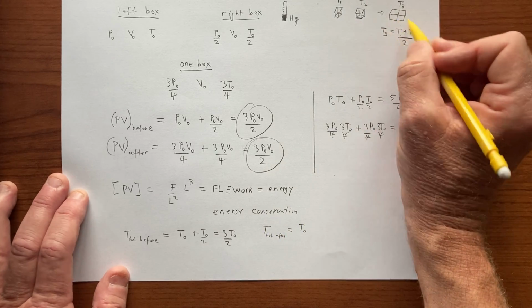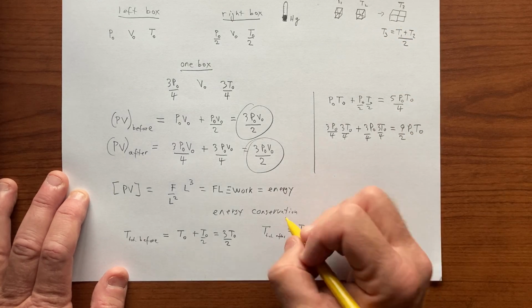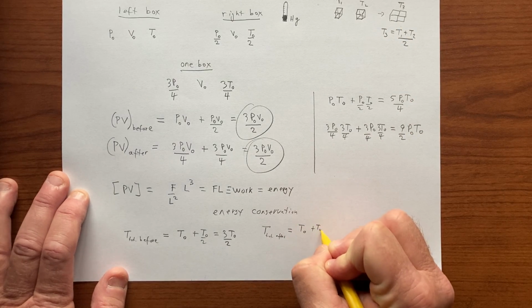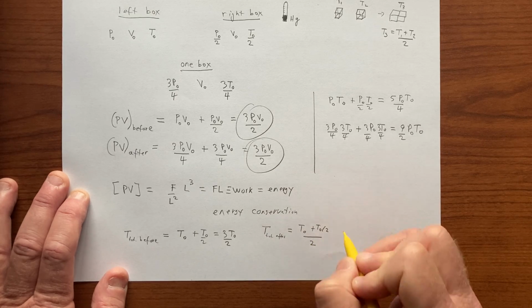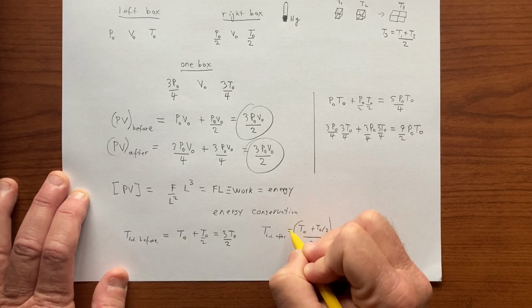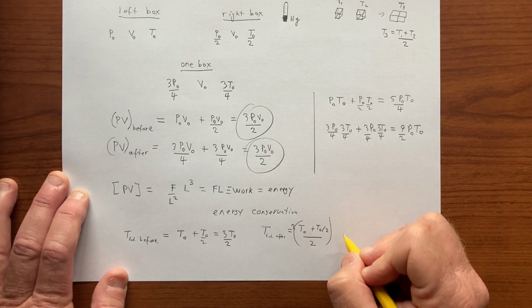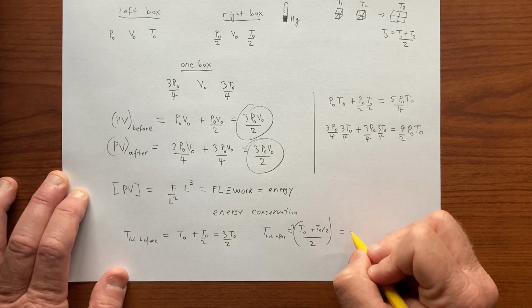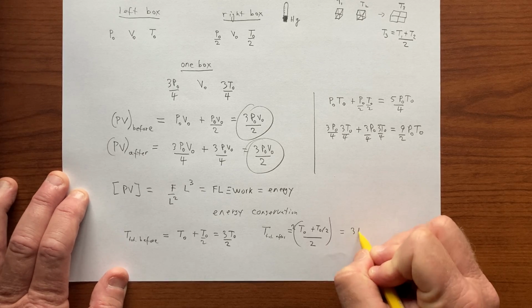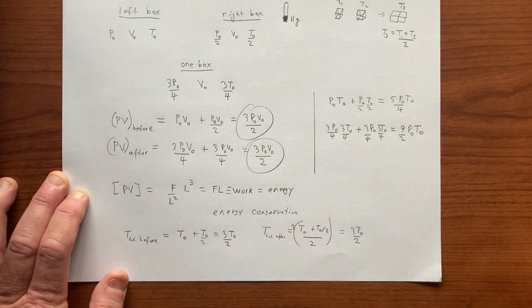Let's look at this, right? The volumes are the same. T naught plus T naught over 2 divided by 2 for each box, but then we have to multiply that by 2 to do the same thing that we did here, and that gives us 3 T naught over 2.